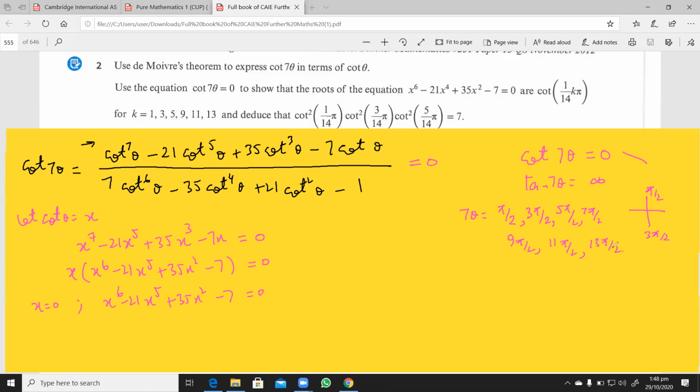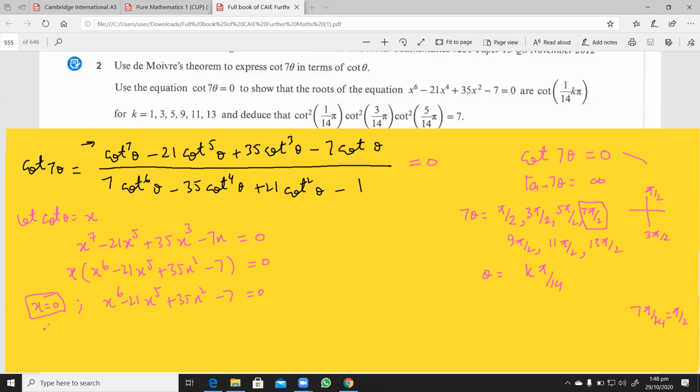Okay. Now you see that this theta is now going to be k times pi by 14, where you see that this k can be 1, 3, 5. I'll be removing this from here because when you write this 7 pi by 2 and there is 14 over here, you're left with pi by 2.